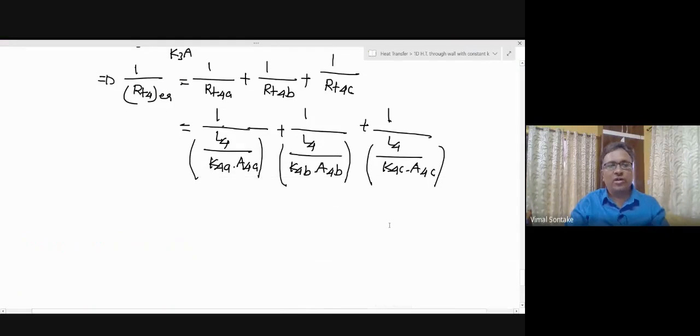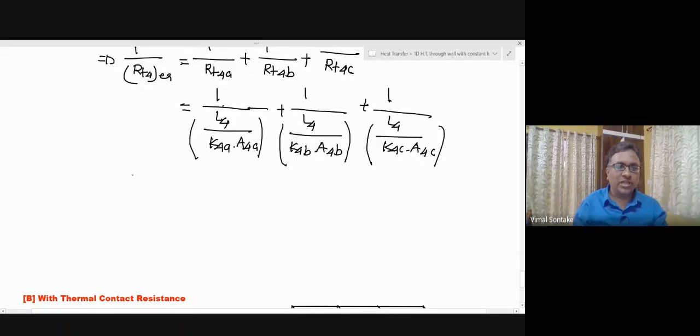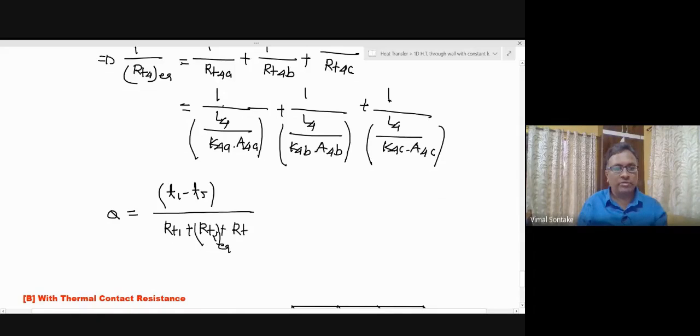Now in terms of all these thermal resistances of the slabs connected in series or parallel combination, in terms of temperature difference T1 and T5, that is the temperature of material 1 on the left hand side and T5 the temperature of material 4 on the right hand side, this can be given as RT1 plus RT2 equivalent plus RT3 plus RT4 equivalent.